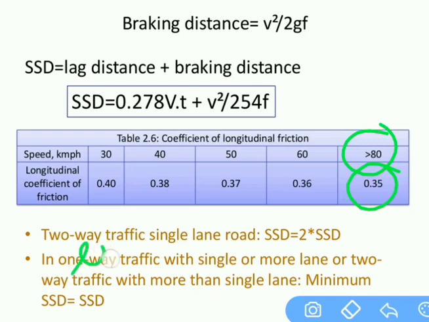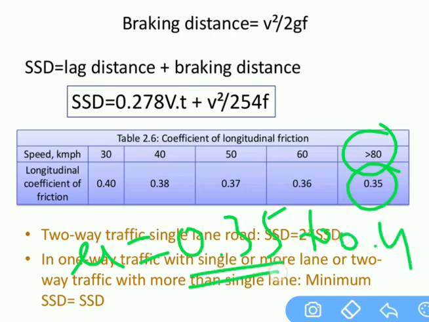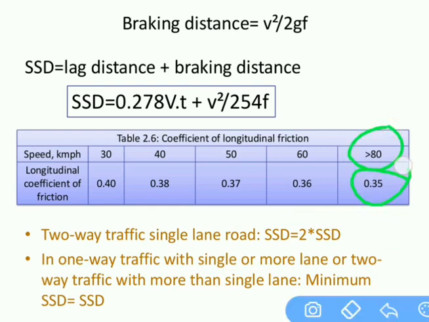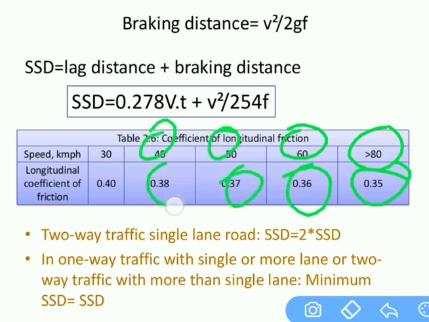Why? Because the mu value ranges from 0.35 to 0.4, minimum 0.35, maximum 0.4. So if the speed is more than 80 kmph, we take 0.35; 60 kmph, 0.36; 50, 0.37; 40, 0.38; then 30, 0.40. That's it.